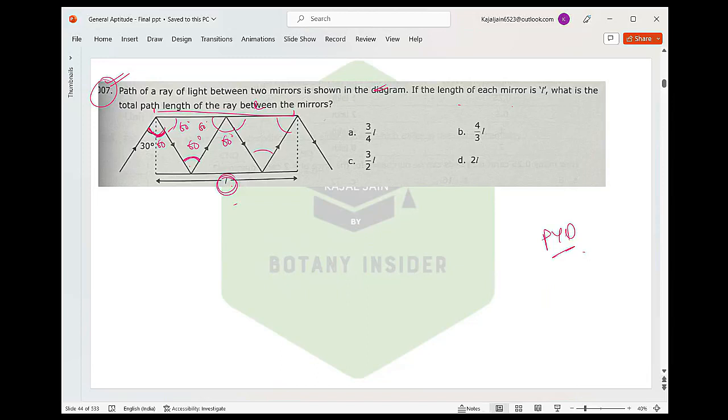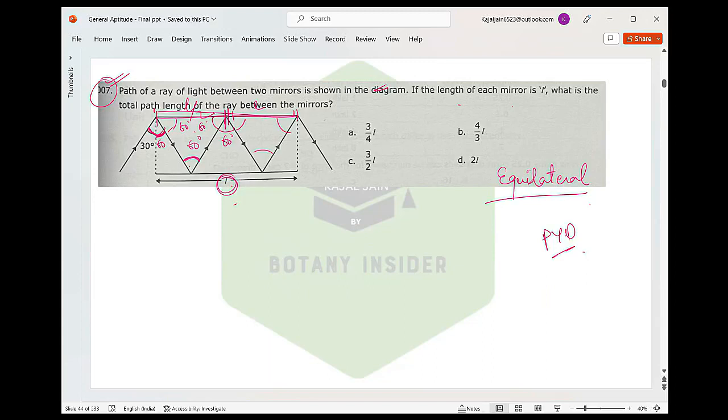If a triangle has all the angles as 60, it is known as an equilateral triangle. If all the angles are equal, it is an equilateral triangle, right? And if it is an equilateral triangle, all the sides are equal. If the complete length is L, this is L upon 2.